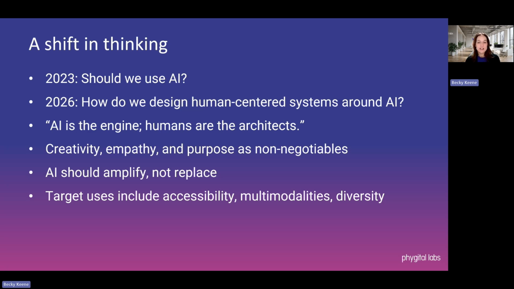So whether that's teaching or learning or students or ideation or brainstorming or editing or revision or coding or image creation, like all of that that AI can be involved in, that AI should be supporting that work, not outsourced. Finally, target use cases throughout the event included accessibility, multimodalities, and diversity.